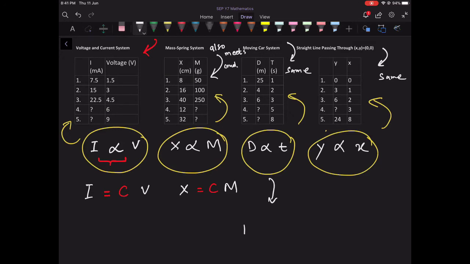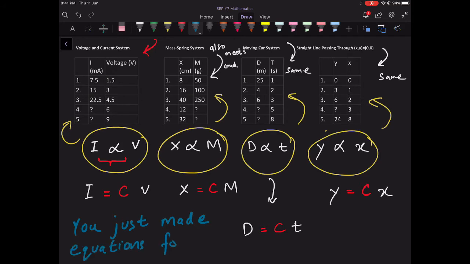We shall do that with all the proportionalities, replacing the proportional sign with an equal sign and a constant, C. Congratulations! You have just made equations for 4 systems.